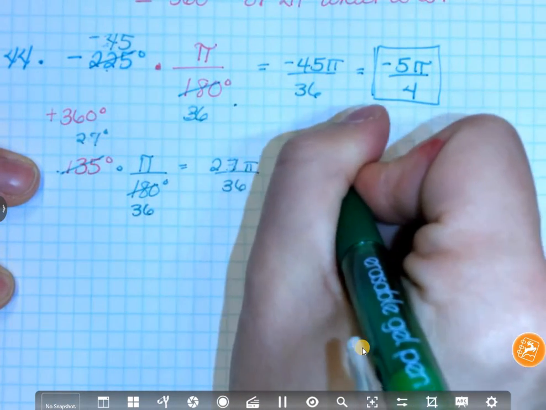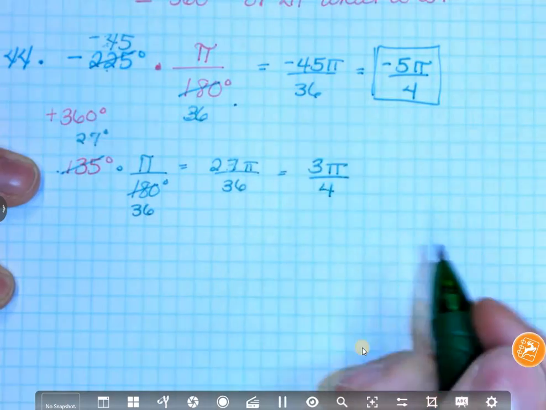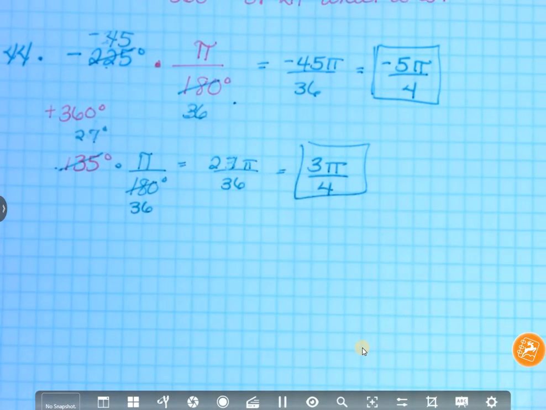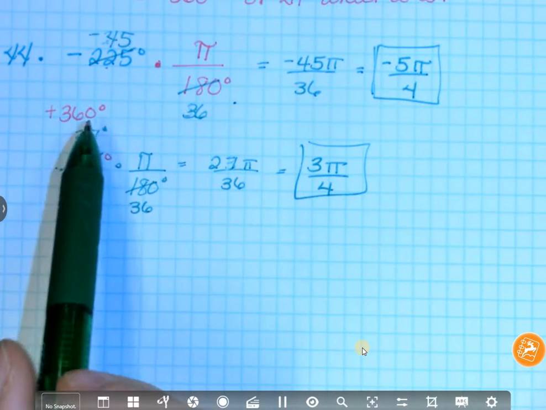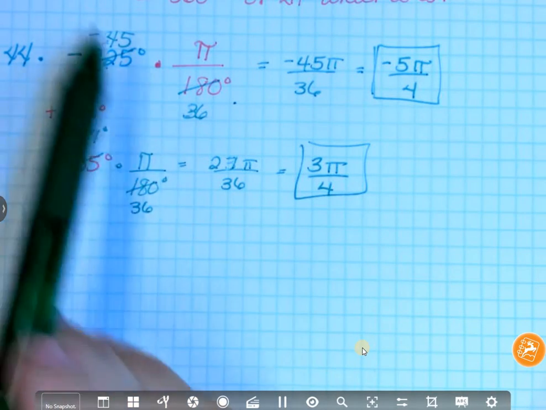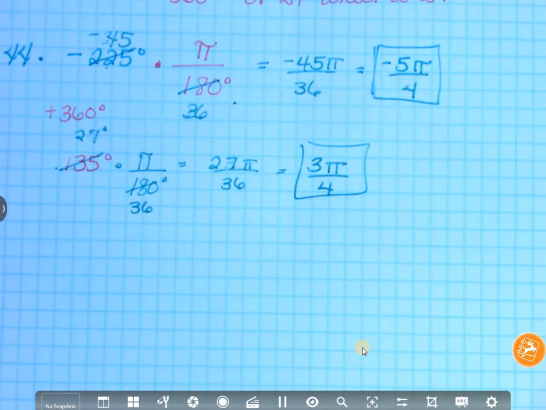So I can do 3 pi over 4. Both of those are equivalent answers. I don't care which one you give me. They're the exact same thing. This has a nice benefit because you're going to have a smaller number. You're not going to have negatives. This one has a benefit. It's one less step. They're both equally good.